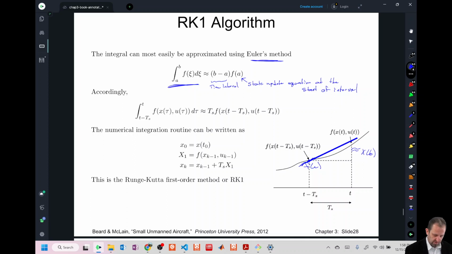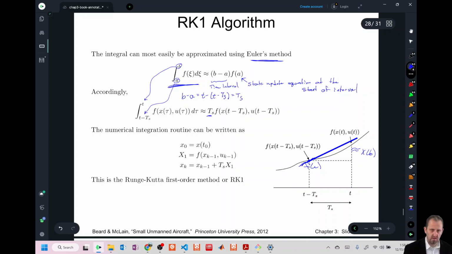So if we look at our setup, A is just t minus ts, B is equal to t. So if we look at the difference, B minus A is just going to be equal to t minus (t minus ts), which equals ts. So that's where we get this first component.